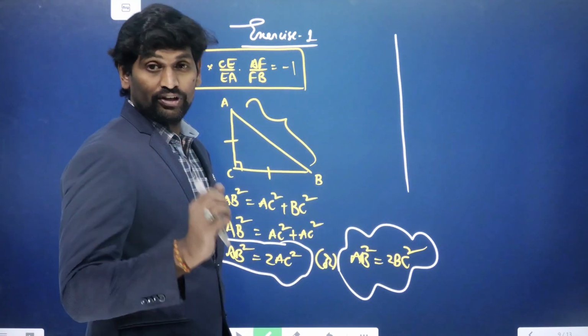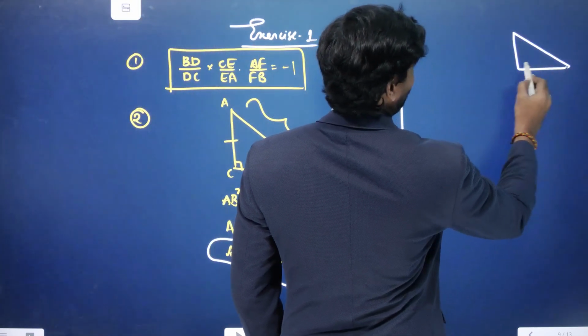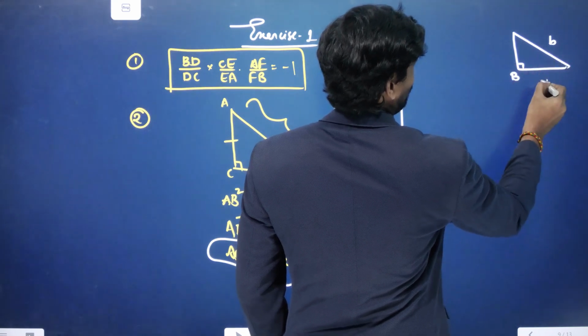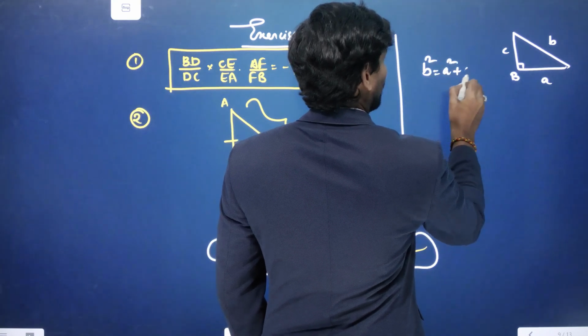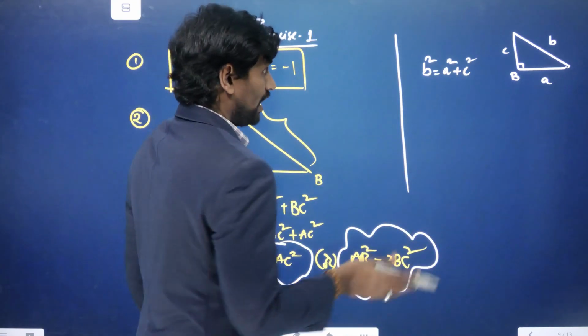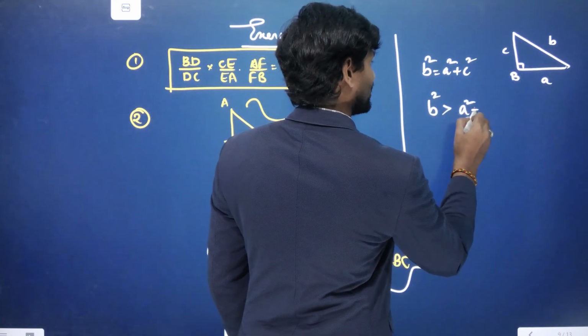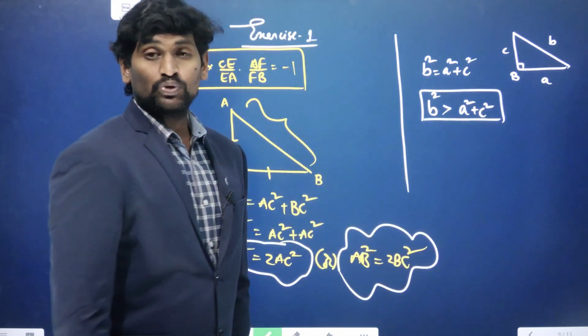According to the Pythagoras theorem, if B is a 90 degree angle, with small a, small b, small c as sides, then b square equals a square plus c square. And we also discussed the obtuse angle triangle: if b square is greater than a square plus c square, we consider the triangle an obtuse angle triangle.